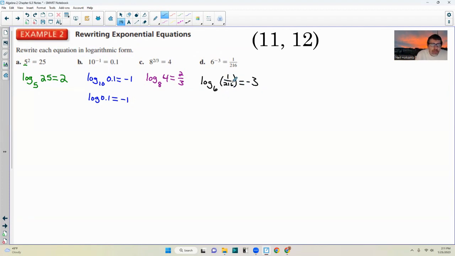Parentheses aren't necessary, but I like to put them when there's a fraction. You could also write this log base 6 of 1/216 equals -3. Either one's acceptable. And if you want to put the base 10 there, it's probably a good idea to do that just when we're getting comfortable with where things go in the conversions. Okay, so now you should be able to do problem numbers 11 and 12.